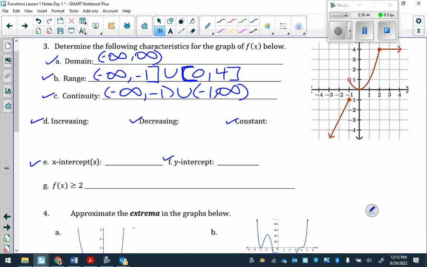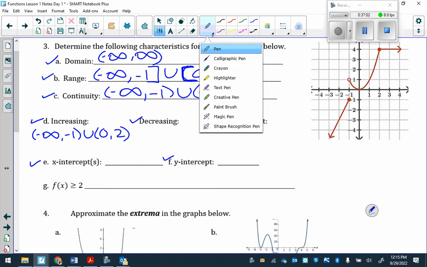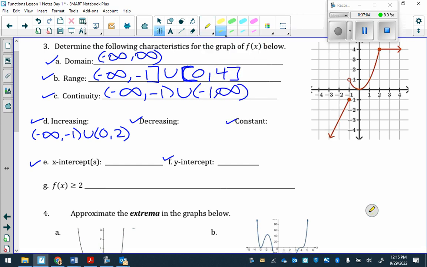All right. Increasing. Where are we increasing from? Yeah, Eddie. Use the x values. Yep. 0 to 2. So increasing is from here to here, and then that little piece there.